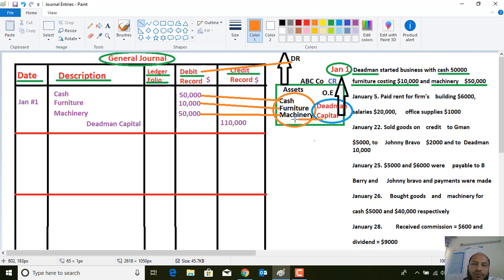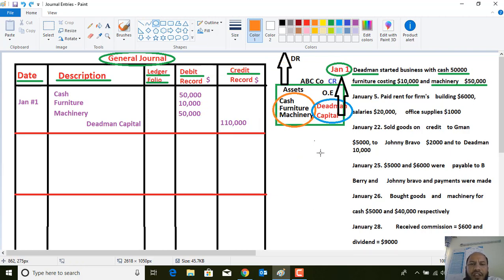So Deedman's investment is a credit record because it has also increased. His capital also increased within the business. An increase in Deedman's capital is a credit record, so we should record that at the credit column. So dear students, I hope you have understood how we record the transaction into the general journal.